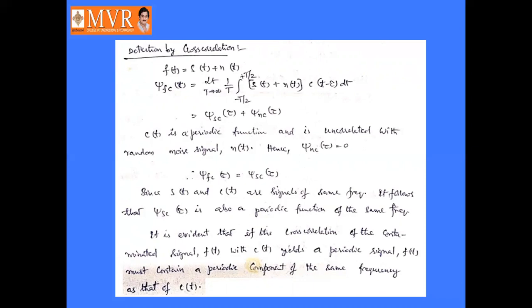So it is evident that if the cross correlation of the contaminated signal f of t with c of t is a periodic signal, f of t must contain a periodic component of the same frequency as that of c of t, right? Basically f of t is a mixture of a periodic signal and a noise signal. This is detection by cross correlation.